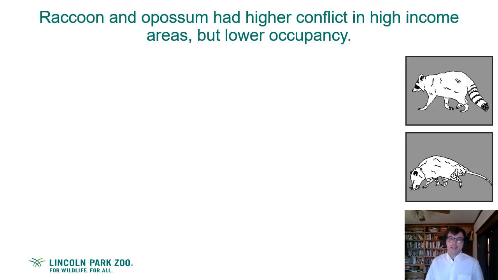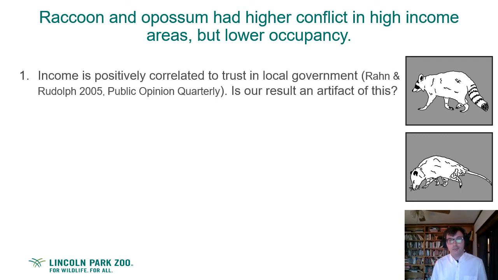Another result I wanted to discuss a bit further is that raccoon and opossum had higher conflict in high income areas but lower occupancy. And this may actually demonstrate that the human wildlife conflict data that we actually have may have its own sorts of biases that need to be unpacked on their own. Say, for example, that income tends to be positively correlated with trust in local government.